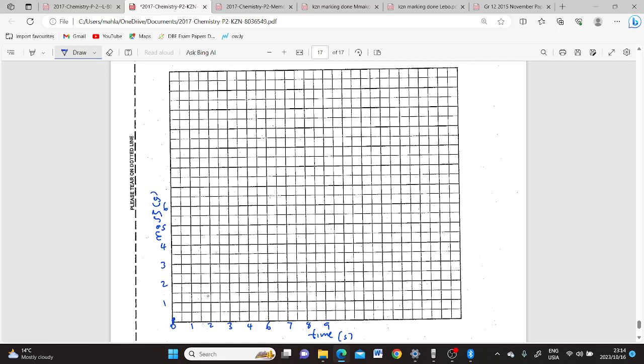There was no change. Then after 1 second, there was a change of 1,8. 1,8 is somewhere here of the production of carbon dioxide. After 2 seconds, there was 3,9. Then you can have 0.5 here, 0.9 can be here.